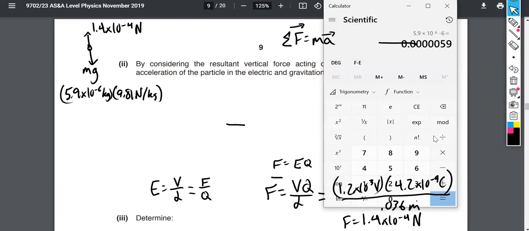It's that number times 9.81 for a weight of 5.79, we'll round it, by 10 to the negative 5, right? 1, 2, 3, 4, 5.